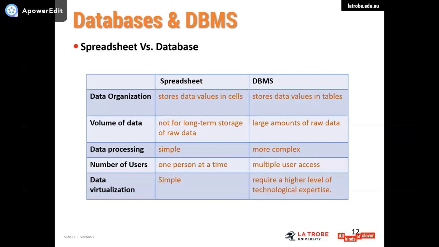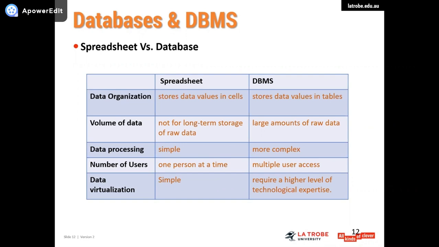Then it's the number of users. For the spreadsheet, it's one user at a time. Even if you share your spreadsheet with many users, meaning many people can have access to this one spreadsheet, only one person is allowed to change the data at a time.